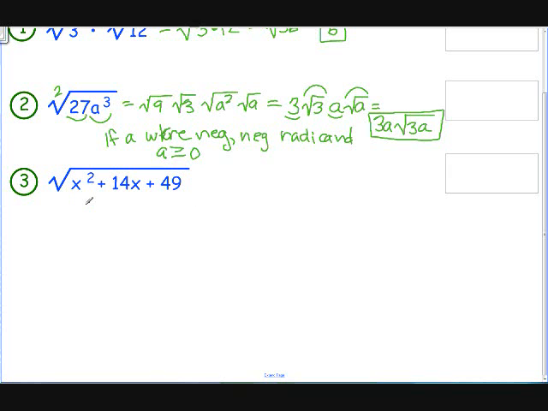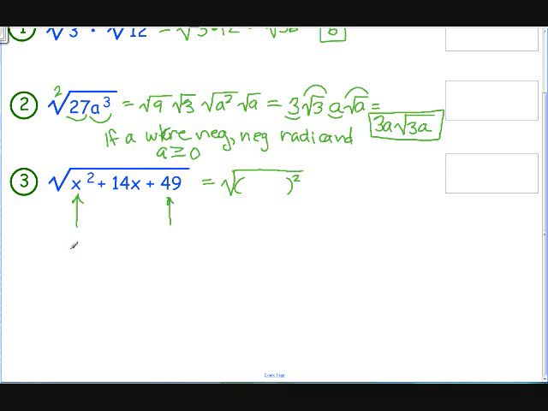Well, if I have a quadratic trinomial, 3 terms, the highest power is power of 2. So it's possible that this is a perfect square trinomial. If it is, then I get the very nice situation of being able to rewrite this as a square. So let's check it out.